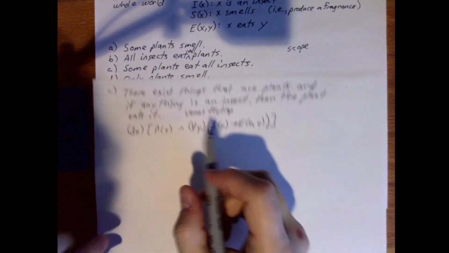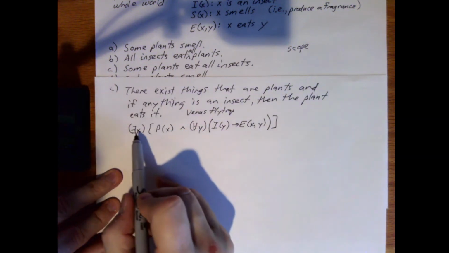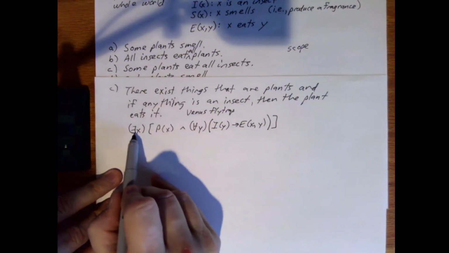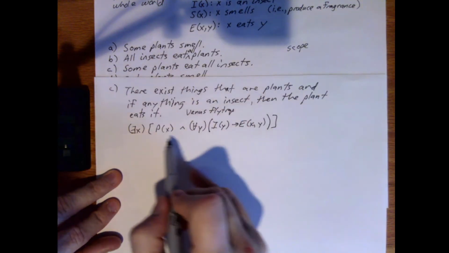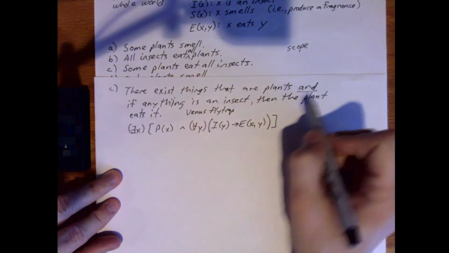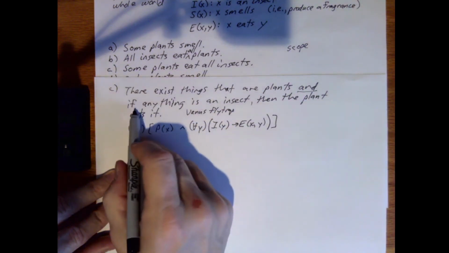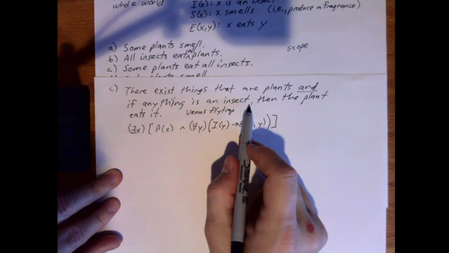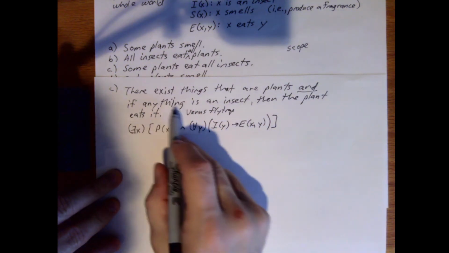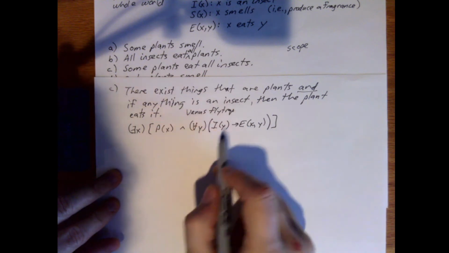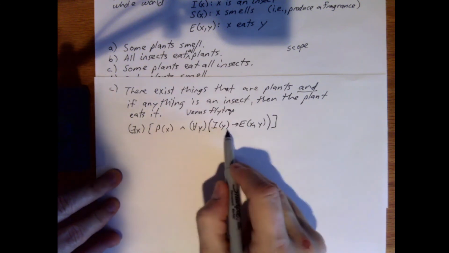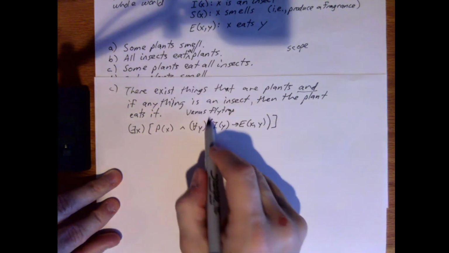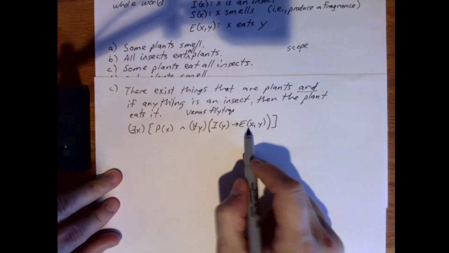This one's a little bit different, so let's go back through it again. There exist things, all right, there exist things that are plants, here's P of x, and if anything is an insect, so really for all things that are insects, here's my universal, then if it's an insect, the plant eats it.